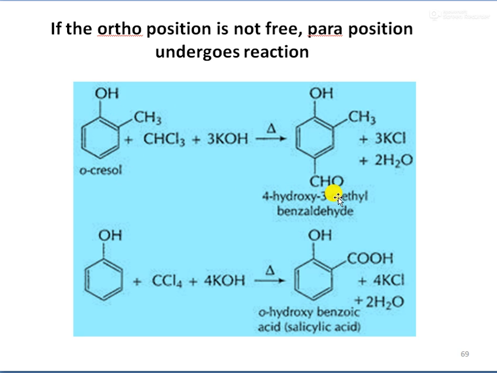So we get 4-hydroxy-3-methylbenzaldehyde here. Again, the Reimer-Tiemann reaction can also be carried out in the presence of CCl4, carbon tetrachloride. In this case, we get a carboxylic acid group, COOH, instead of the aldehyde group. That is the difference.